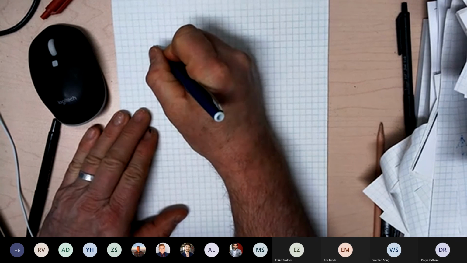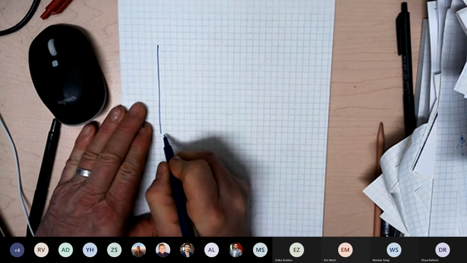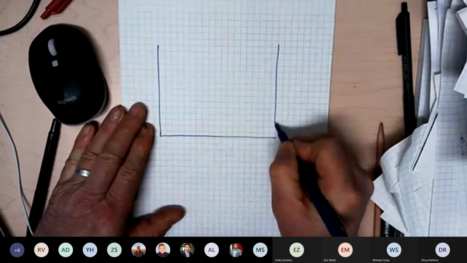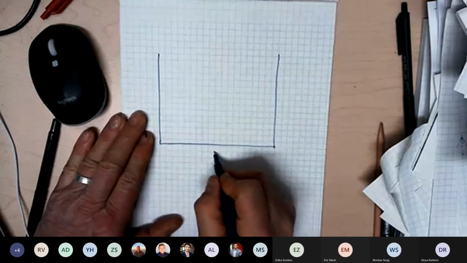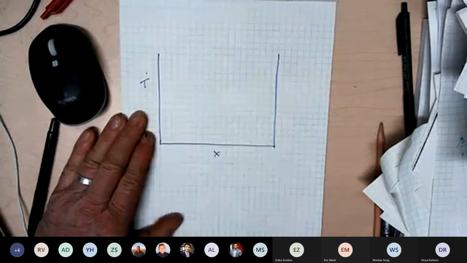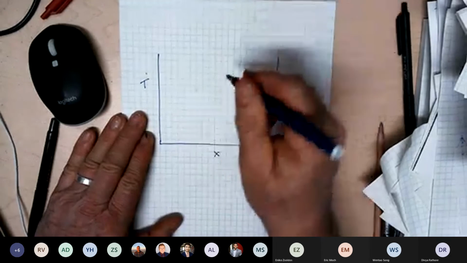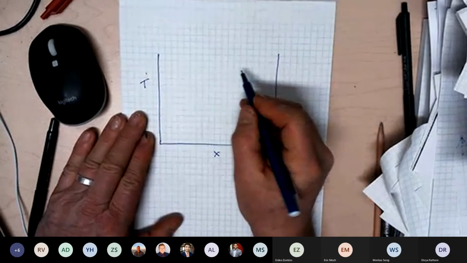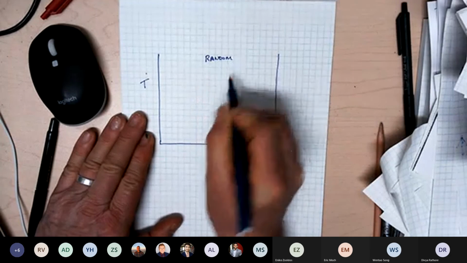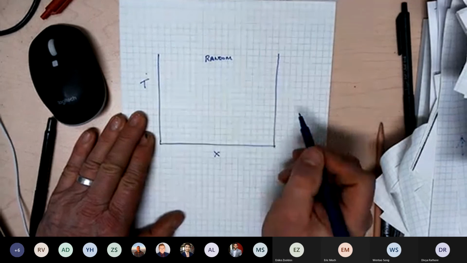So the idea is, if you were to plot a phase diagram, so here you have X, and here you have temperature. And at very high temperature, the lithiums are all random on the lattice.